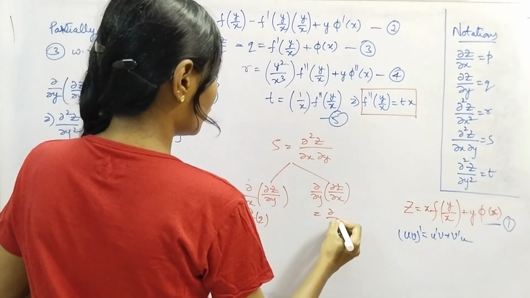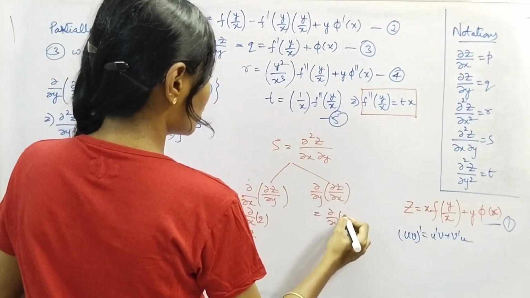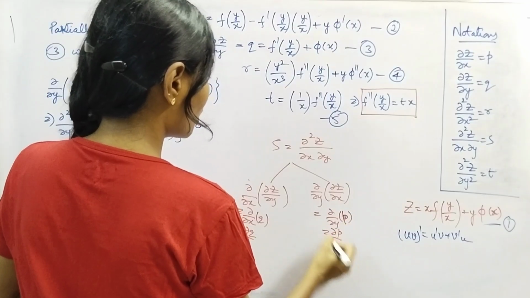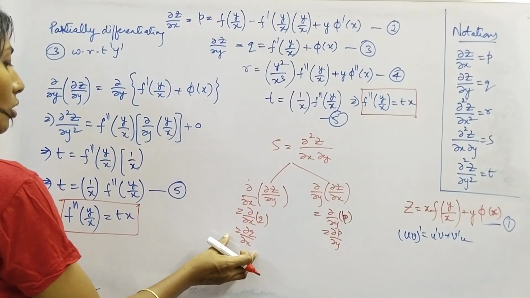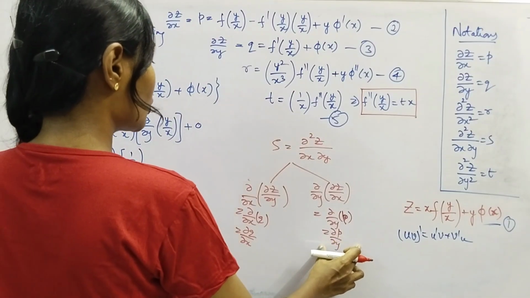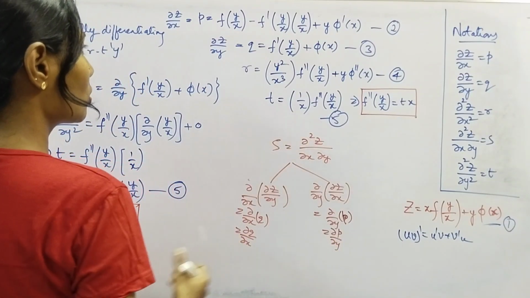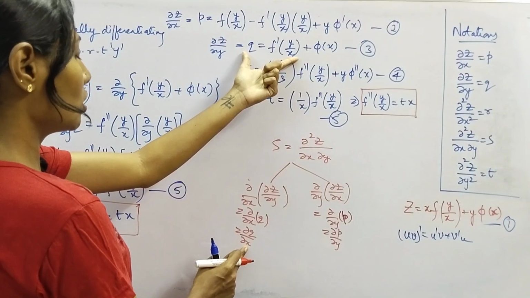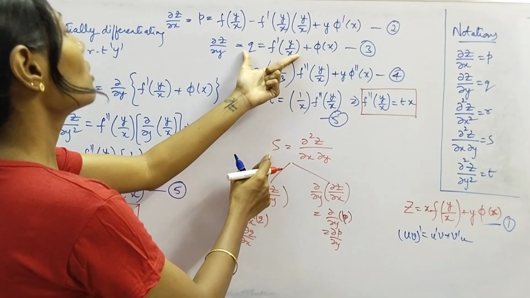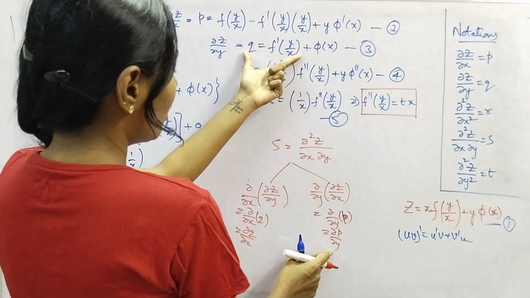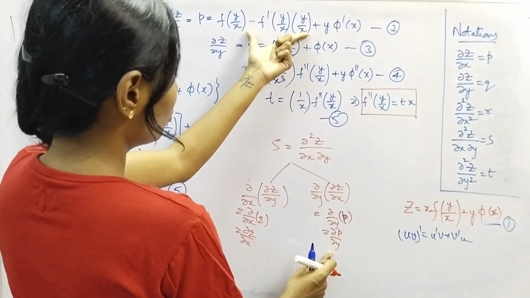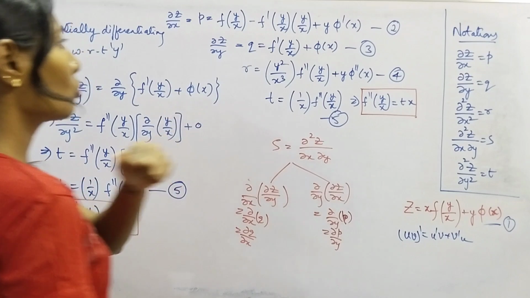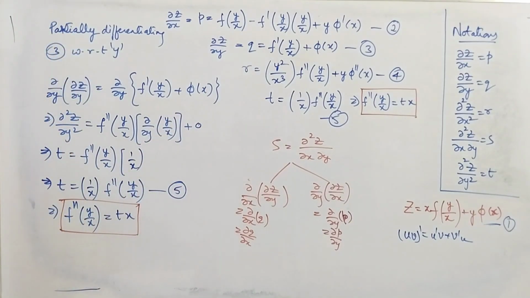Or the partial derivative of z with respect to x is p, that is dou p by dou y gives s. Either you can pick the equation involving q, or you can pick the equation involving p. If you want to use the equation involving q, we can pick equation 3 and partially differentiate it with respect to x to get the equation involving s, and likewise you can pick equation 2 and partially differentiate it with respect to y so as to get the equation involving s. You can use any of these two.